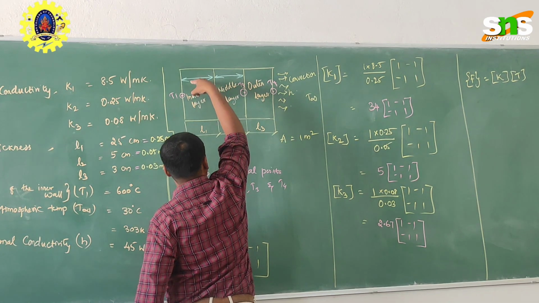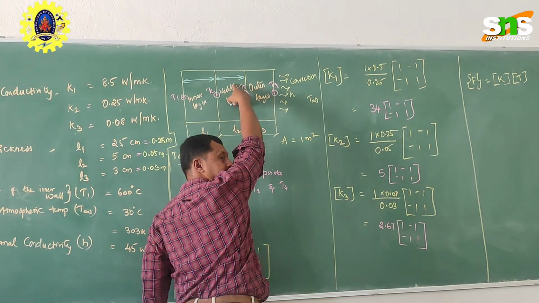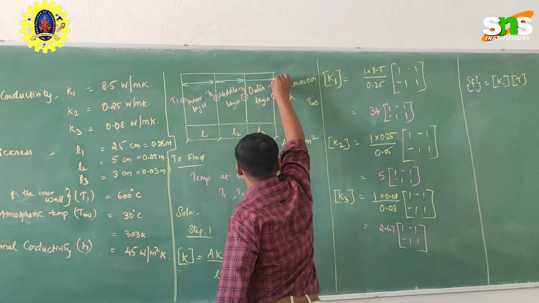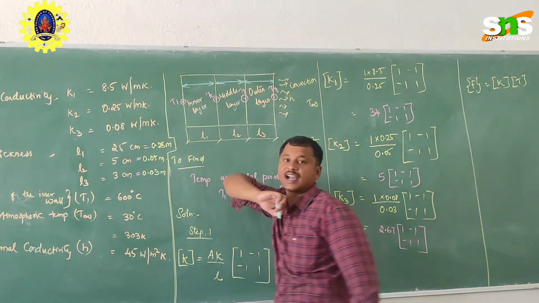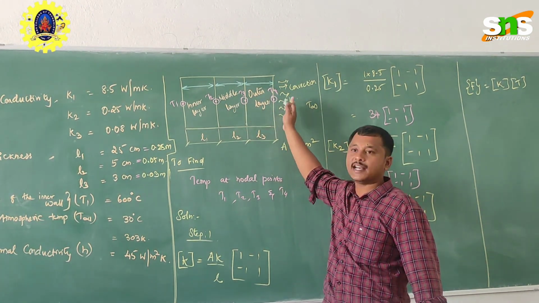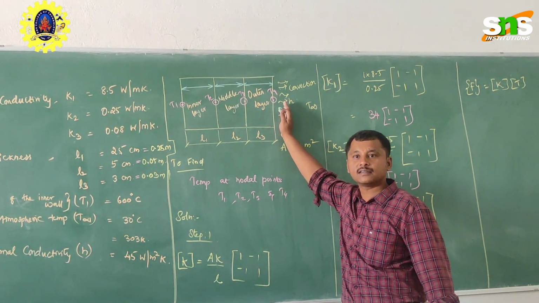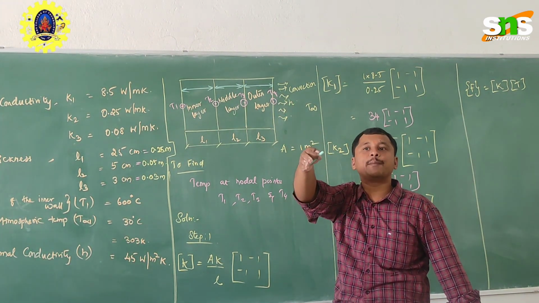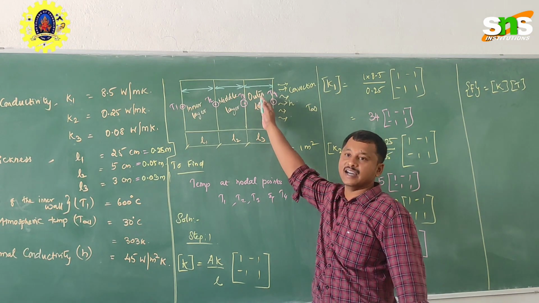The heat is conducted from this area to this area, and again there is one more material or layer where the heat is conducted. So at the end of the third layer, there is convection. So where does convection happen? At the third layer.